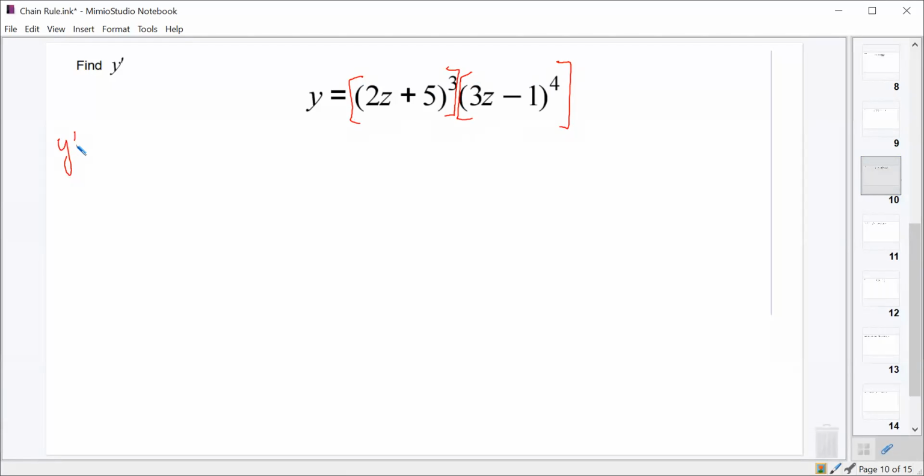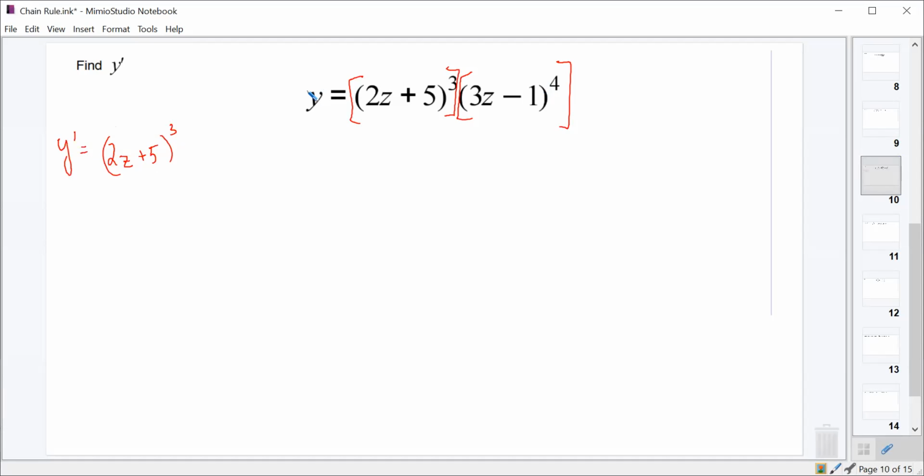So we're going to say y prime is equal to, and then we'll start with (2z + 5)^3. Then we need to multiply that by the derivative of (3z - 1)^4. We probably shouldn't use y, since y is already this whole function.